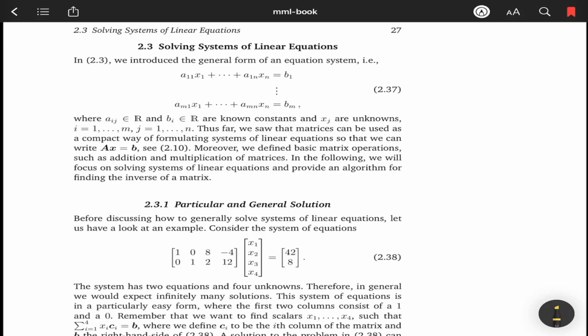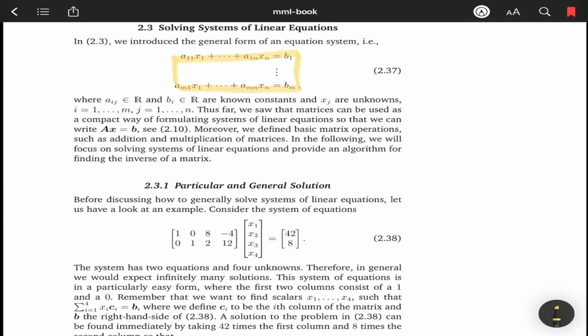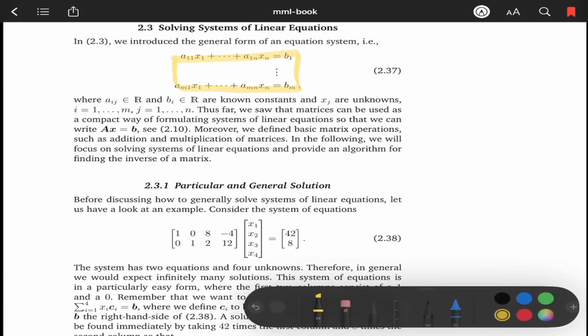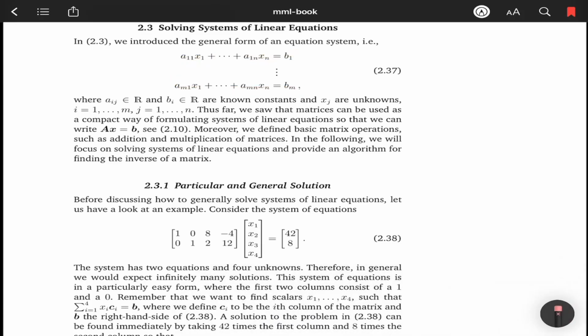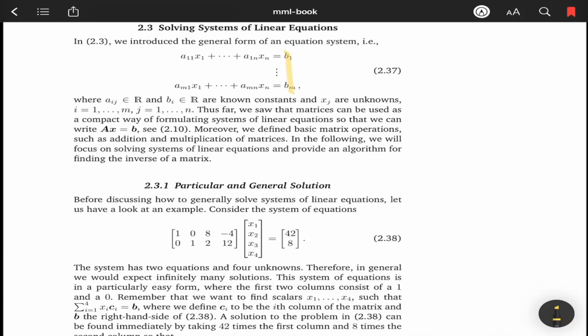So in 2.3 we introduced the general form of an equation system. That's what we already know, where the elements are basically numbers, and the b's, the values on the right side, are also numbers, known as constants.